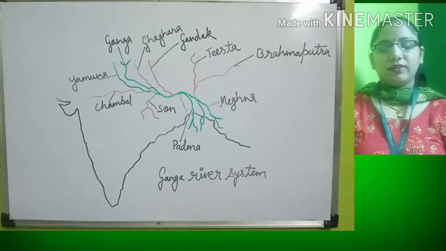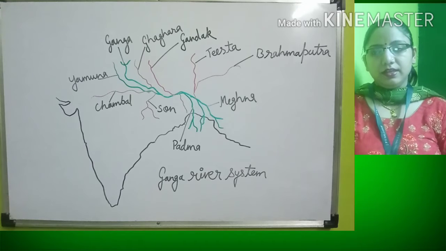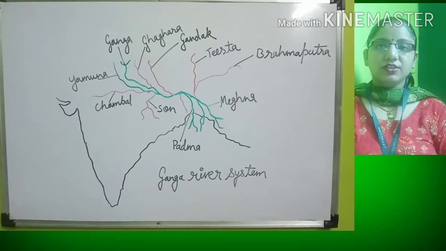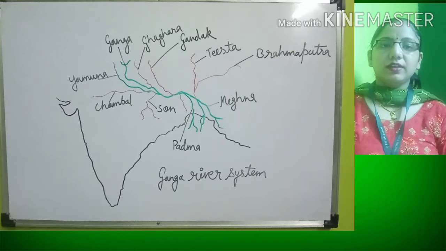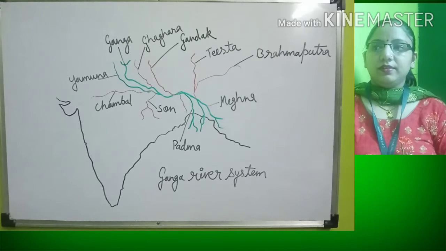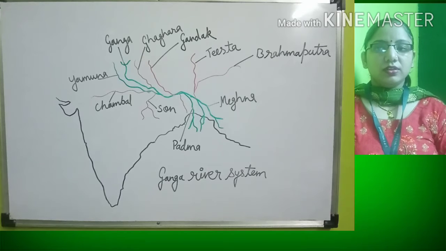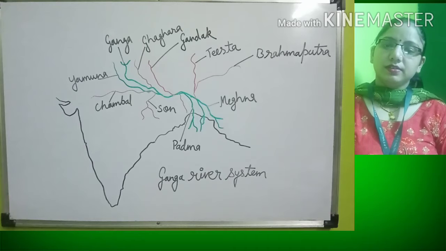So students, now let's see the Ganga River system. The Ganga River system is the largest in India, having a number of perennial and non-perennial rivers. It originates in the Himalayas in the north and the peninsula in the south.